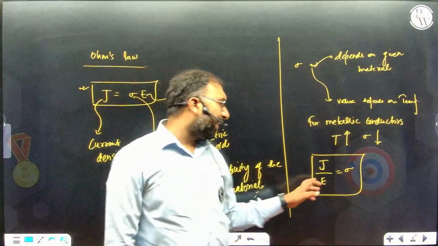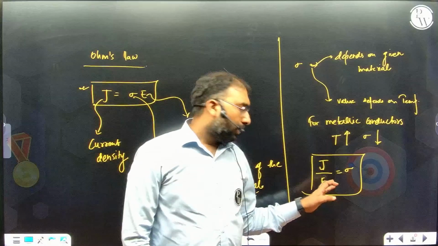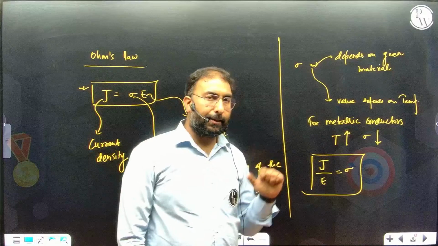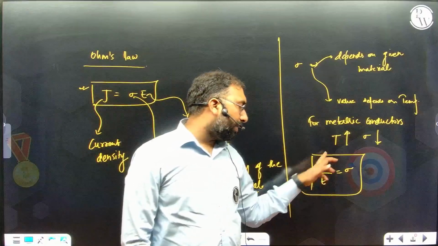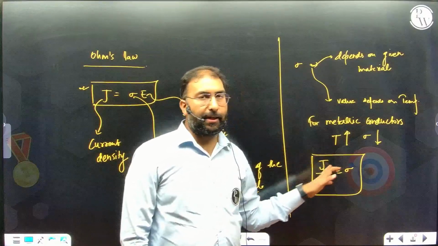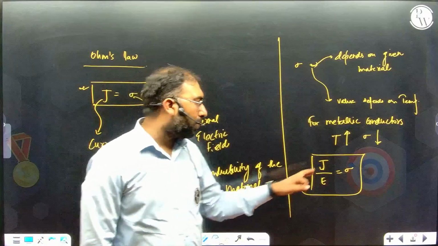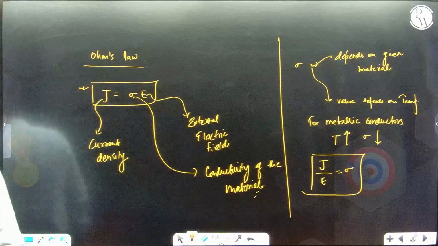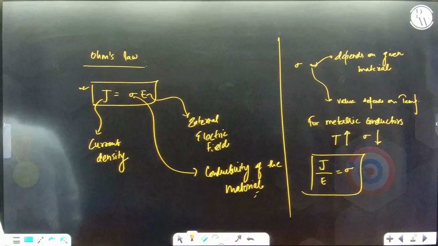So if we increase the electric field, the current density will also increase, so that the ratio of J and E will remain constant, and it should be equal to sigma. So just write down and we'll move forward after that.